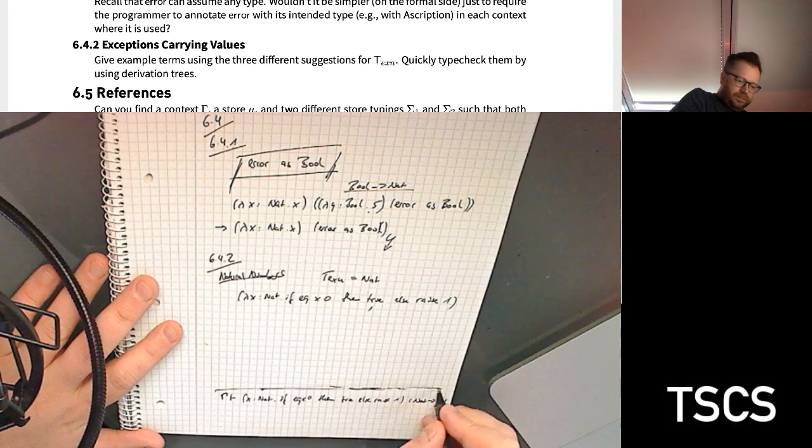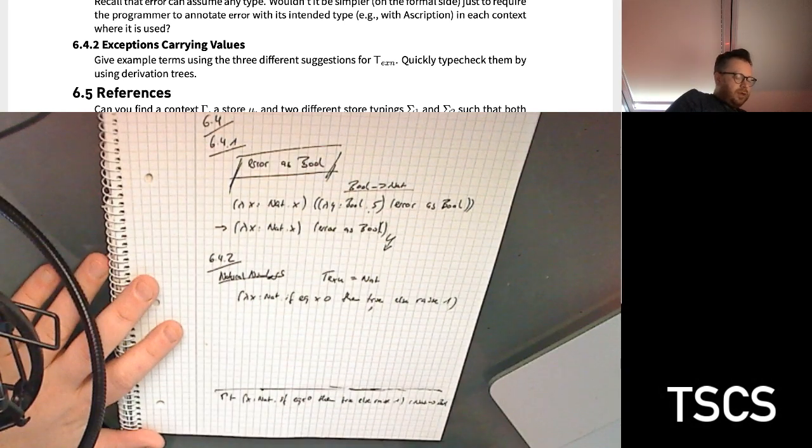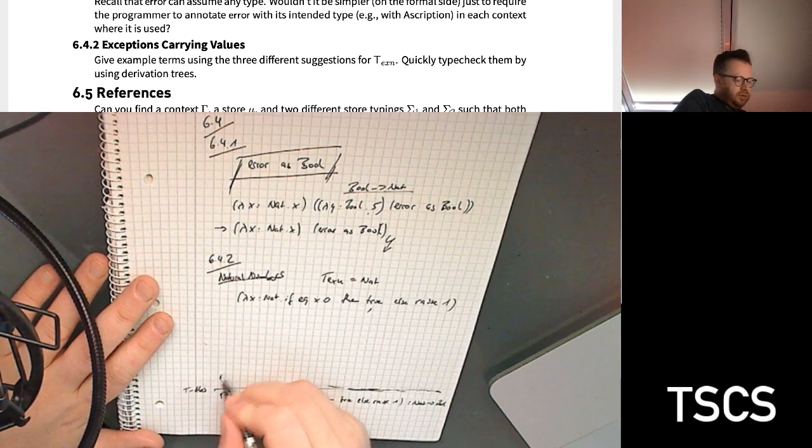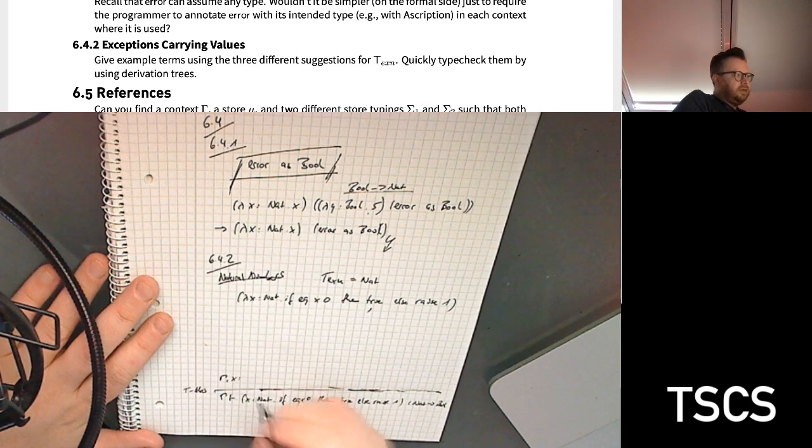No, there we go. And of course you rightfully see, okay, this is an abstraction up here. So you start with t-abs and you extend gamma by x is natural number. So this is the assumption here from the input parameter.